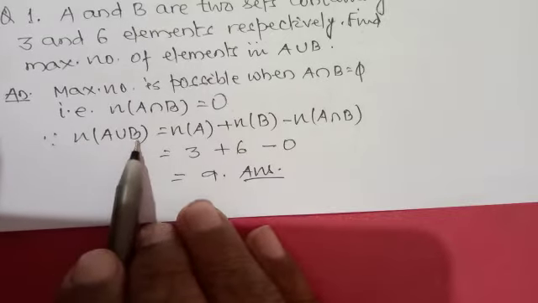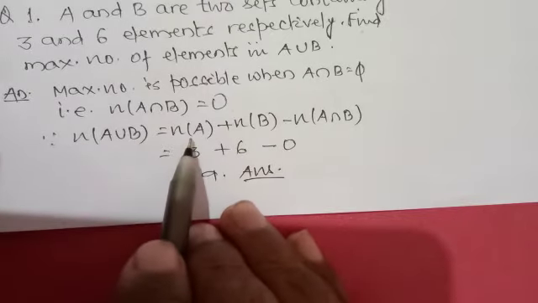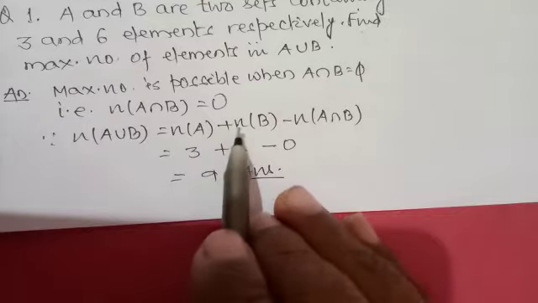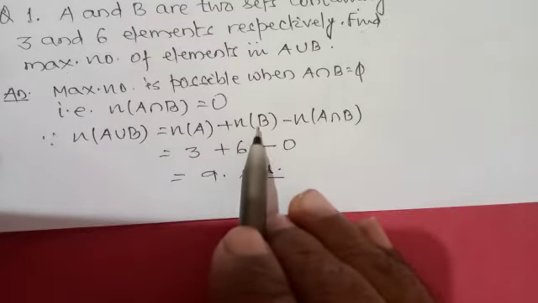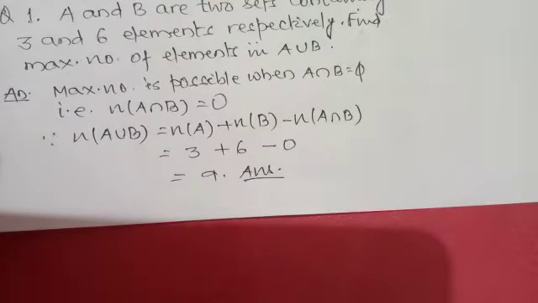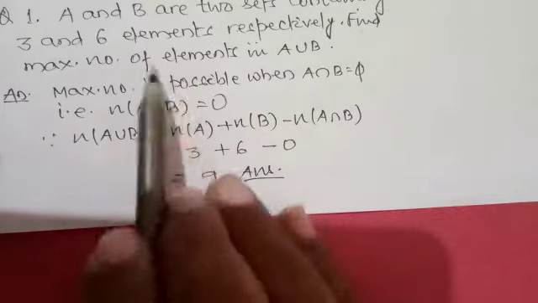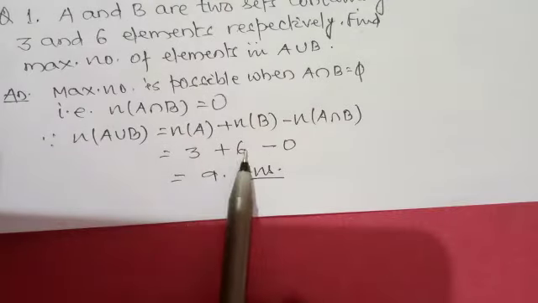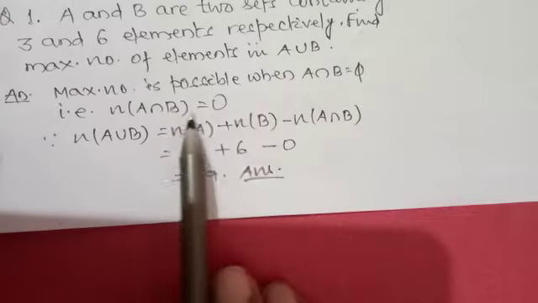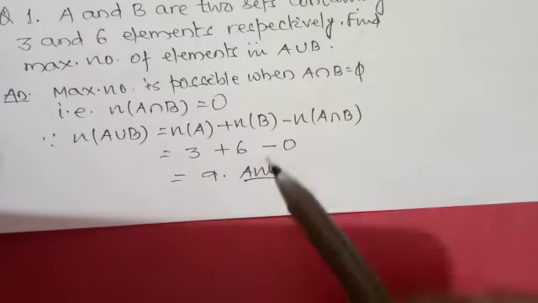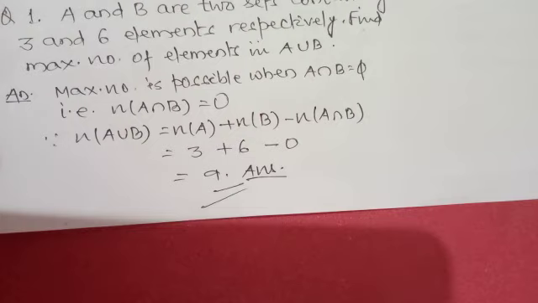Number of elements of A union B is equal to number of elements of A plus number of elements of B minus number of elements of A intersection B. Write down their values. Number of elements of A is given 3, number of elements of B is given 6, and you have just calculated this should be 0. So 9 will be the result.